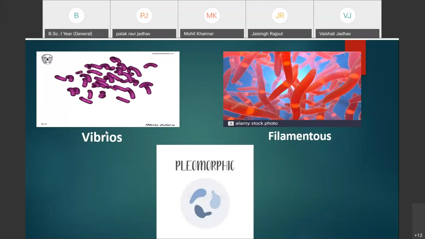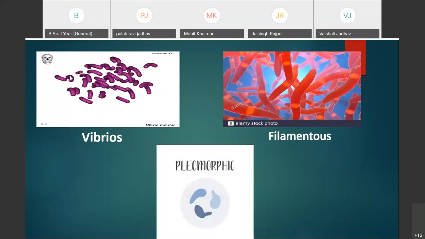First of all, what is meant by the vibrios morphological form of bacteria? Vibrios are slightly larger curved rods of half turn. Here you can see these slightly larger curved rods of half turn, and that's why these bacteria appear in the shape of a comma.